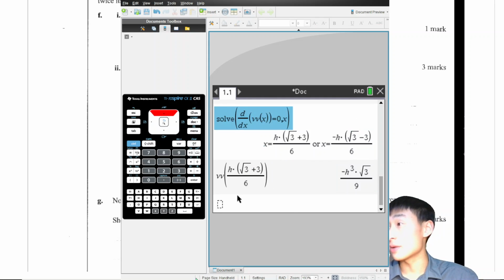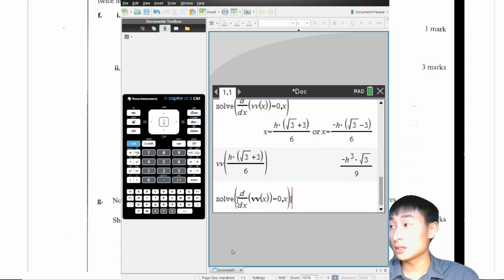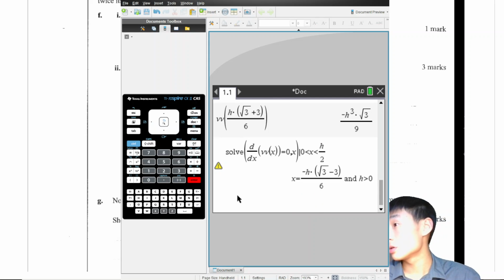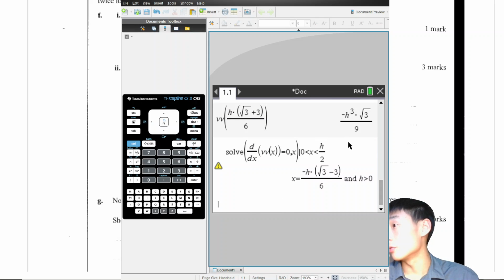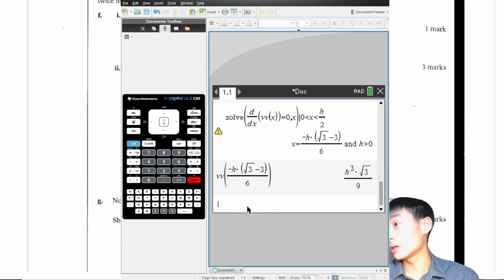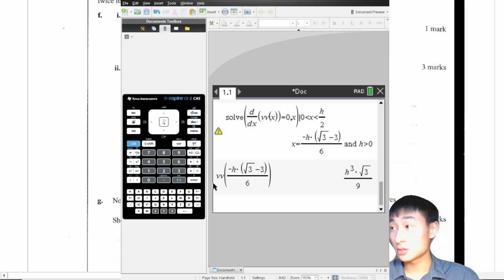I'm going to put in my domain here. What's my domain? 0 < x < h over 2. So this is the only answer. It turns out it's the one on the right. I could have checked that manually, but I couldn't be bothered because we have our CAS, and then we sub that back in. So we get h cubed root 3 over 9. Great.